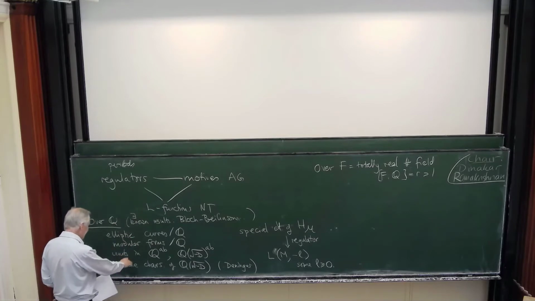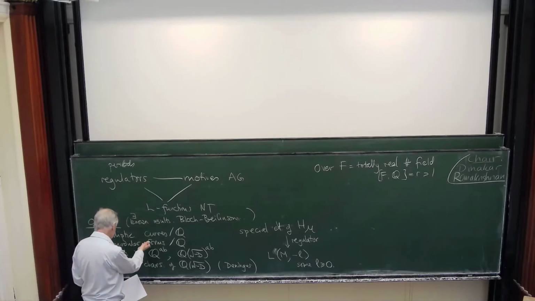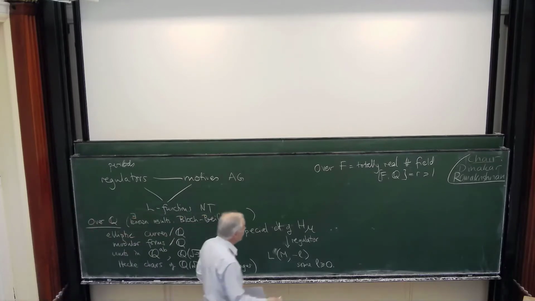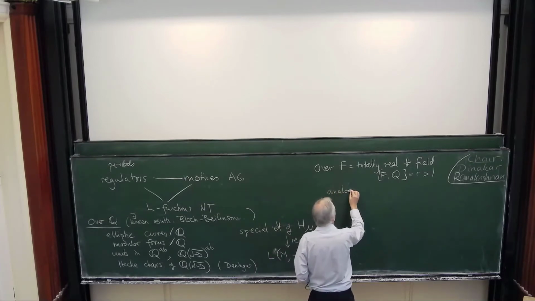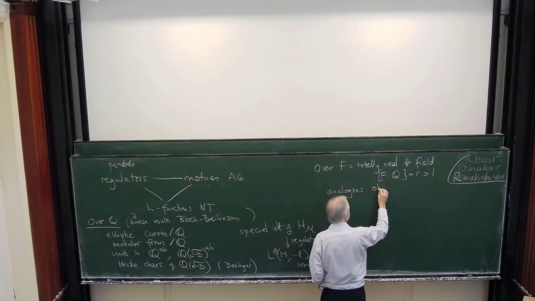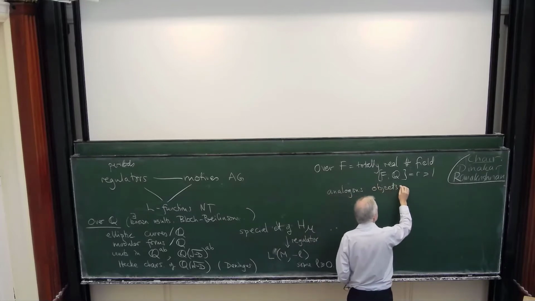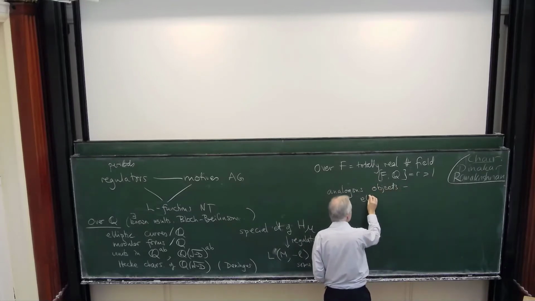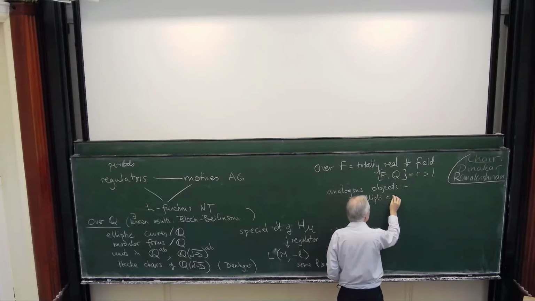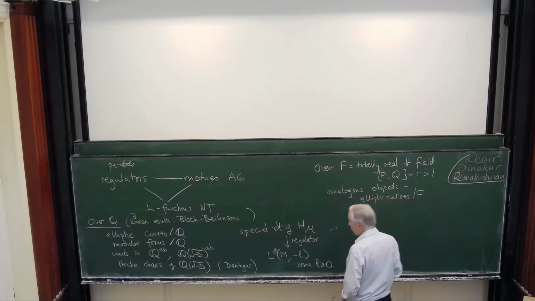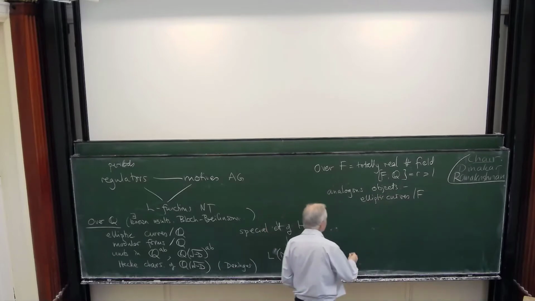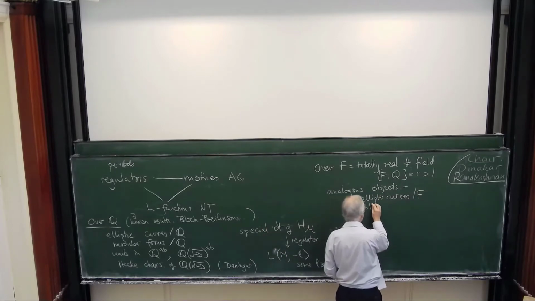So one can ask the same questions about analogous objects. So the analogous objects are, well, the elliptic curves over F, or Hilbert modular forms associated to F.